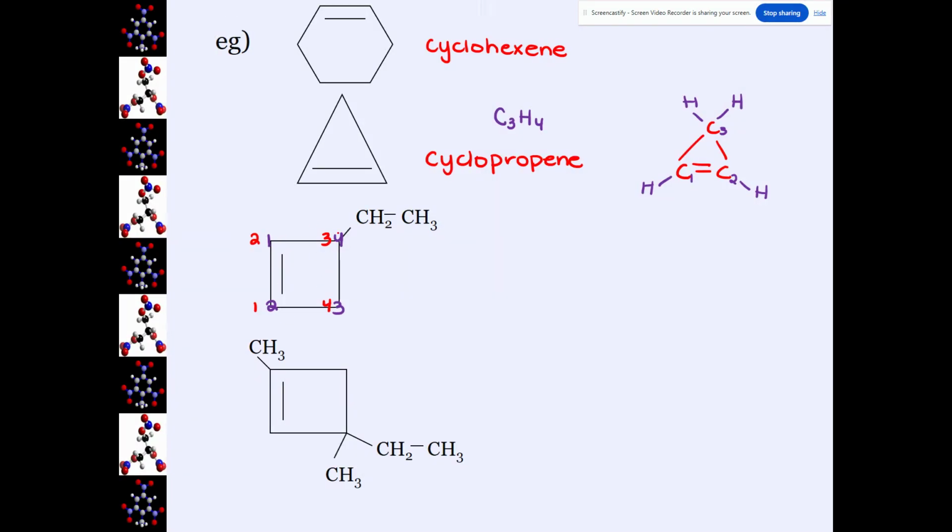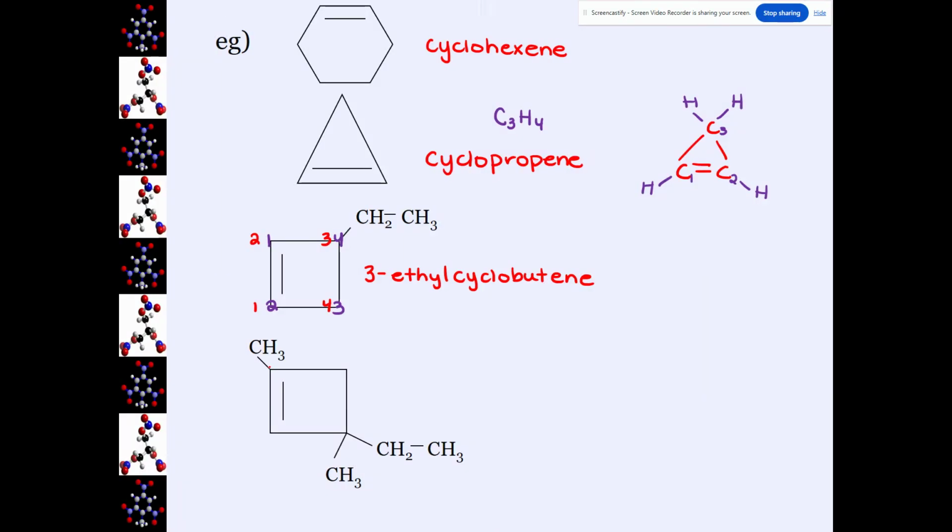So obviously the red way is better. It gives my branch a lower number. So we're going to call this 3-ethyl. That's an ethyl branch. It has 2 carbons. And the parent is cyclobutene. Okay, so on carbon 3, there's an ethyl branch of my cyclobutene.